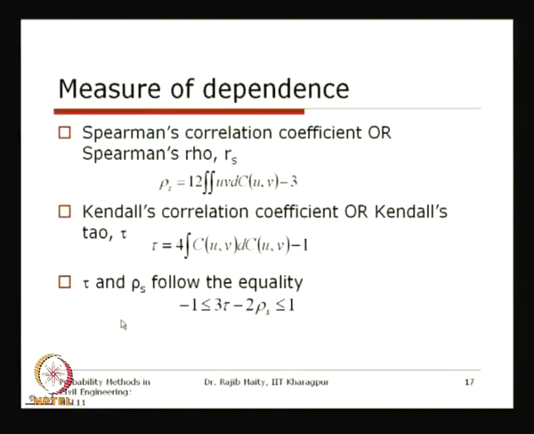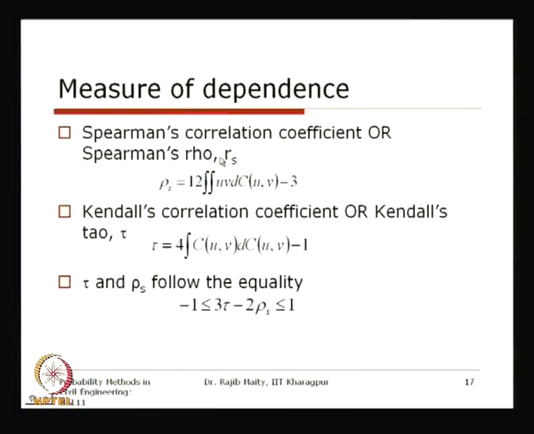Now, as I was telling, we will be taking the measure of dependence through which this copula function should be defined, because there is a parameter in the copula function that generally preserves the scale free measure of dependence. So the two scale free measures of dependence we will discuss here now. The first one is Spearman's correlation coefficient, or Spearman's rho, rho s.